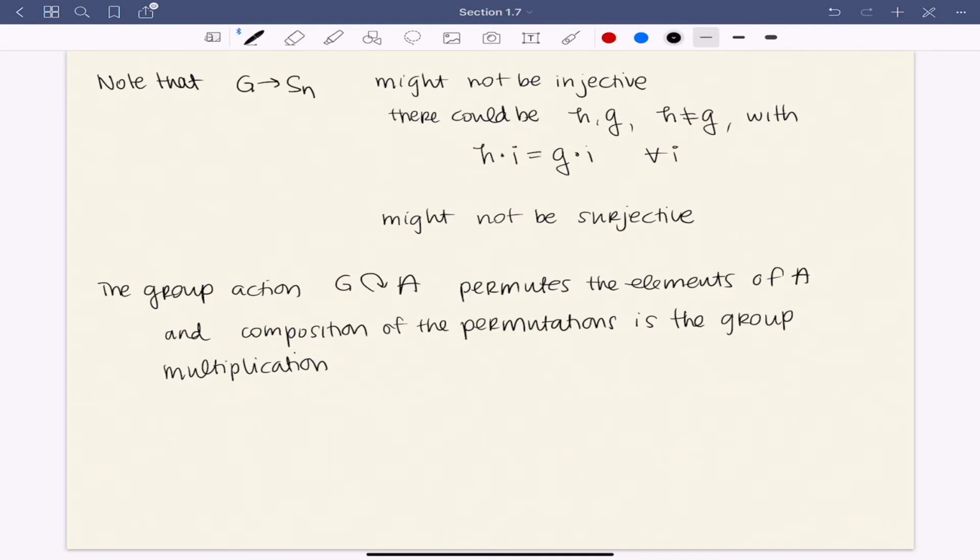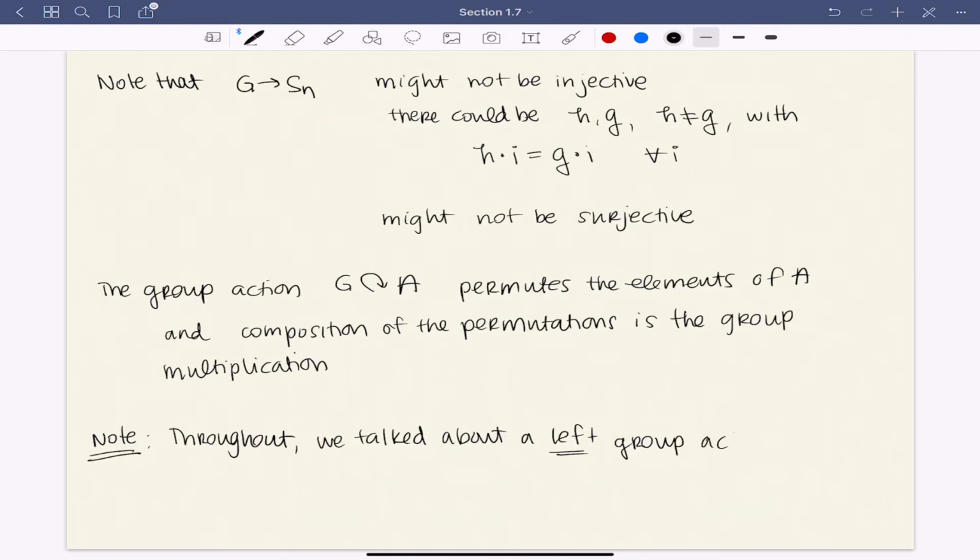All right, so throughout, I want to make another note. Throughout, we talked about a left action, a left group action. And all I mean here is that when I write G dot A, the group element is on the left.